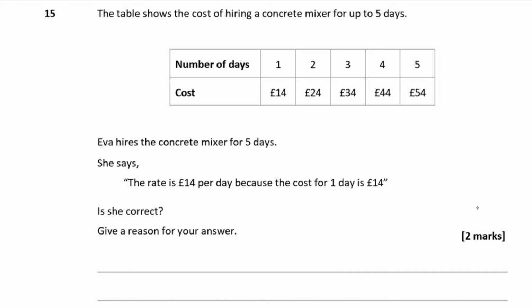No, she's not correct, is she? The rate is £14 for the first day. If you have a look at subsequent days, it's not £14 more. The difference between 14 and 24 is £10 more, and that's £10 more again. So it's actually £10 a day plus £4 extra for the first day. So my reason is: £14 is the rate for the first day only.